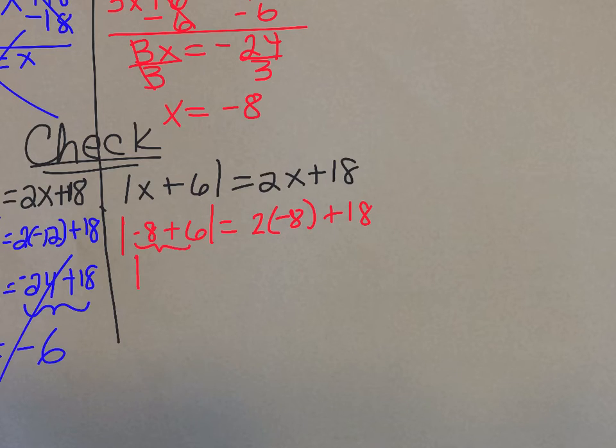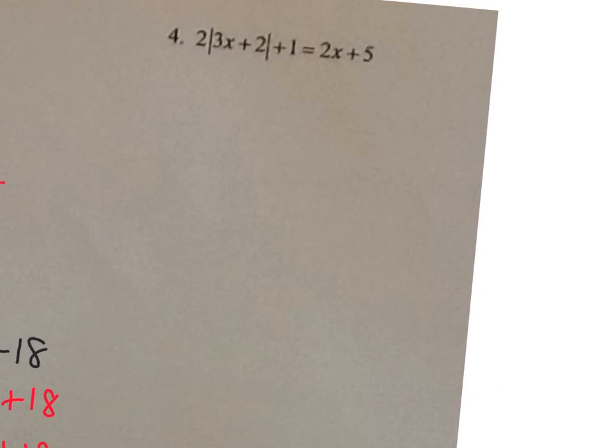Do what's inside. Negative 8 plus 6 is negative 2 in the absolute value. 2 times negative 8 is negative 16 plus 18. The absolute value of negative 2 is positive 2, and negative 16 plus 18 is 2. So that checks.